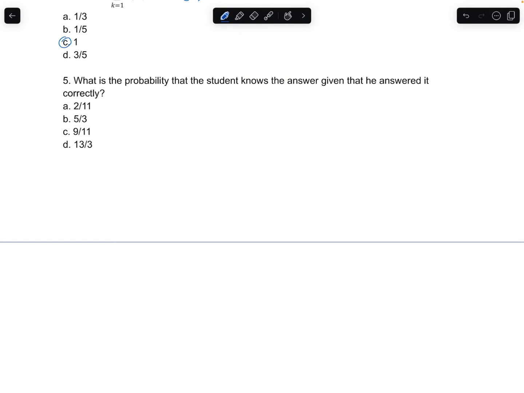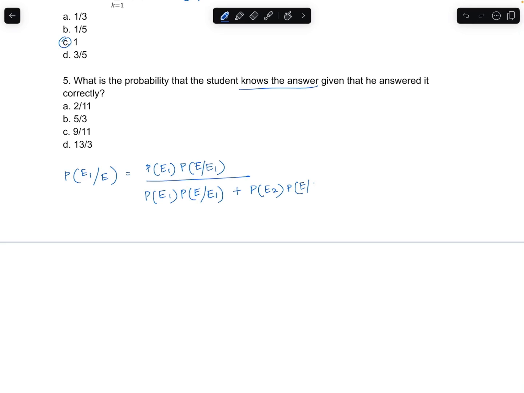Question 5. What is the probability that the student knows the answer given that he answered it correctly? That is P of E1 given E, which is equal to P of E1 times P of E given E1 by P of E1 times P of E given E1 plus P of E2 times P of E given E2.